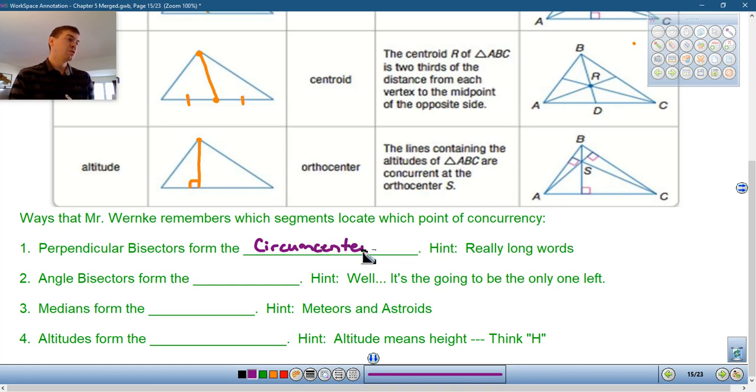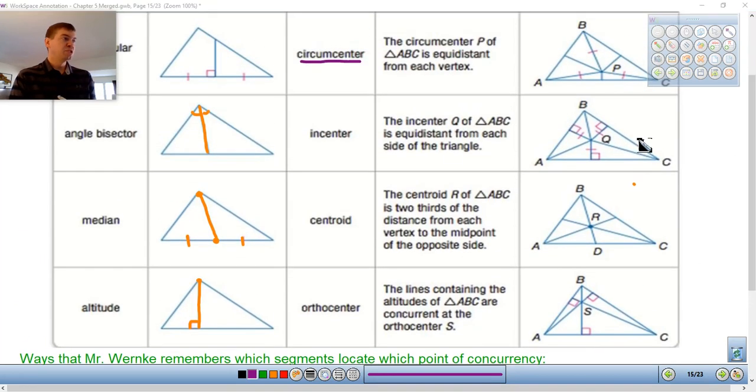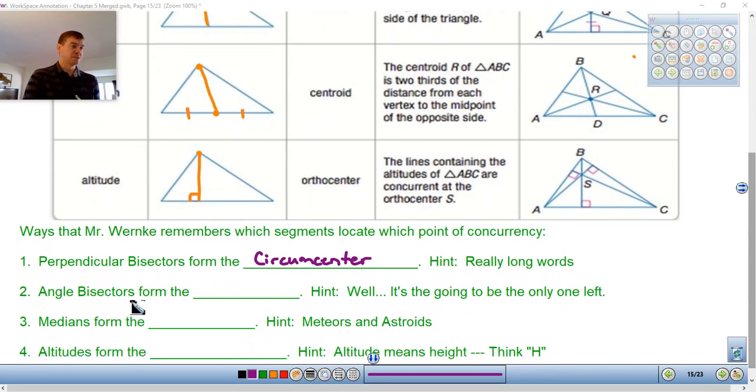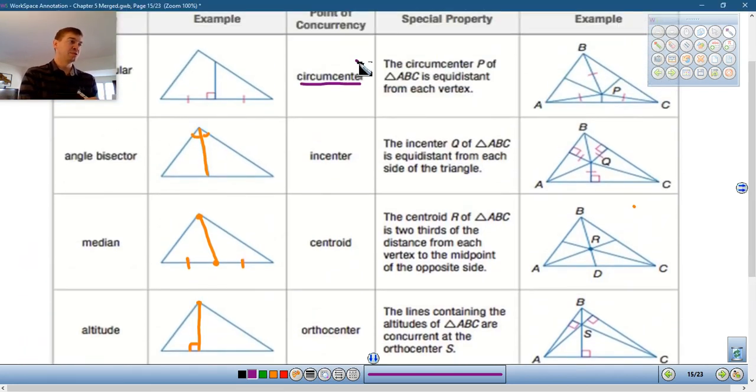Circumcenter is the longest, just by one letter, but it is the longest of these words. So I associate that with perpendicular bisector, and I've never forgotten it. Angle bisectors. Well, my hint is it's really going to be the only one left. I don't really have a great way of remembering that, but if I use circumcenter, centroid, and orthocenter, well, that's the only one that remains.